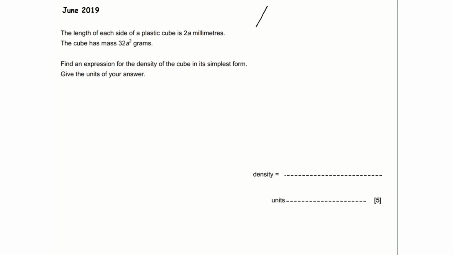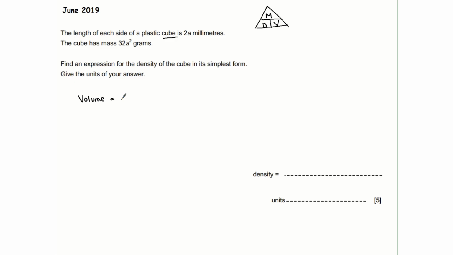As always, I'm going to write down my triangle. So I've got mass, I've got density, and I've got volume. So I know the mass. At the moment I don't know the volume, but I do know that it's a cube. So I'm going to work out the volume of the cube.